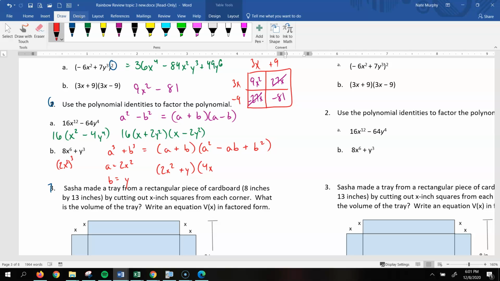You were saying 2x to the 4th. We got to square the 2 as well. So it'd be 4x to the 4th when you square that. And then we multiply those two values together, so it'll be minus 2x squared y. And then it would just be whatever our b value is squared, so y squared. So this would be the only possible answer you could use for part B.